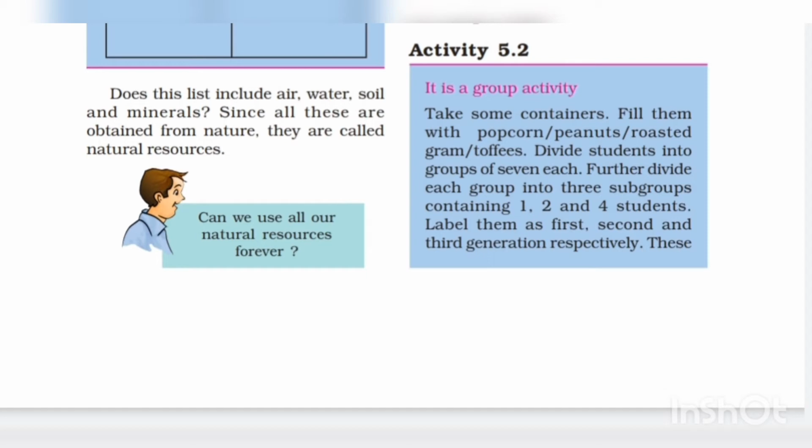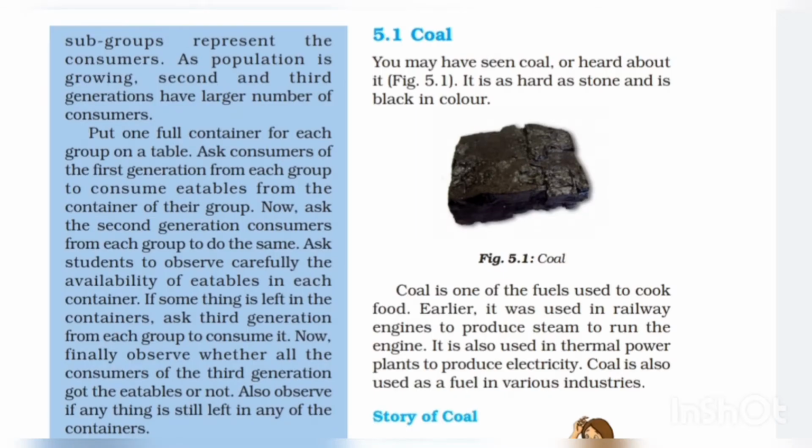Then we further divide these students into 3 subgroups, 1, 2 and 4, and label them as first, second and third generation. The subgroups represent the consumers. We all know that as the population is growing, the second and third generations have a larger number of consumers.